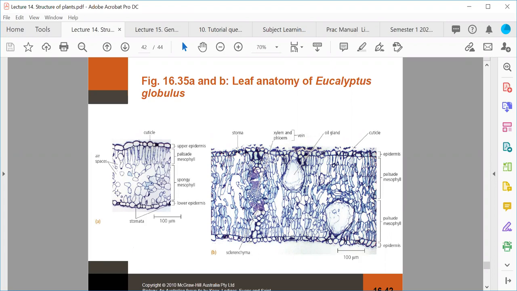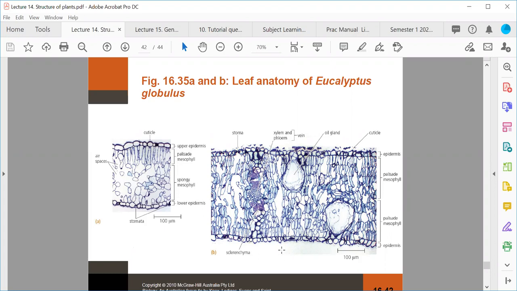And then the lower part of the leaf contains another type of mesophyll cell called spongy mesophyll cells. They are also photosynthetic cells, but you can see they are quite irregular in shape. They're not closely packed together, so there's lots of large air spaces in between. And obviously that's important because of the gas exchange that takes place via the stomatal pores.